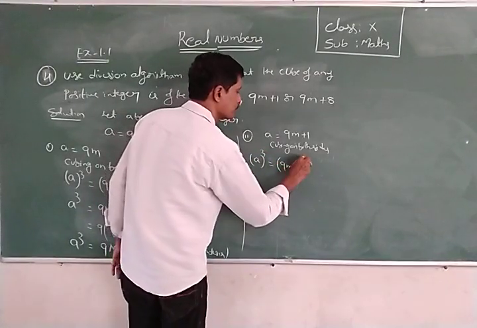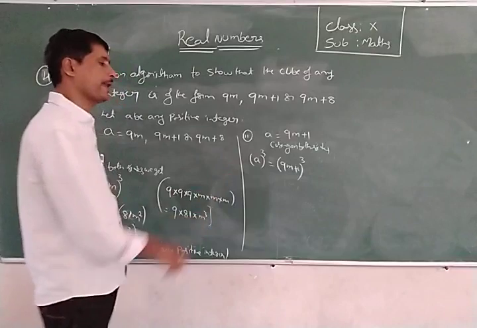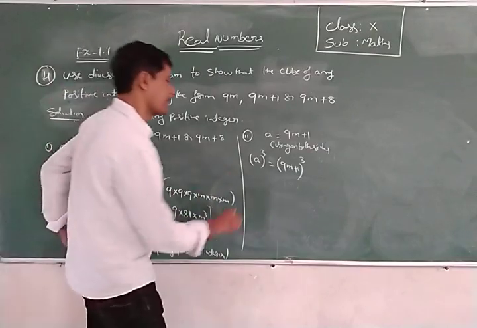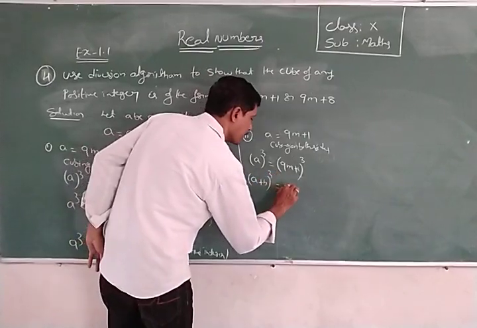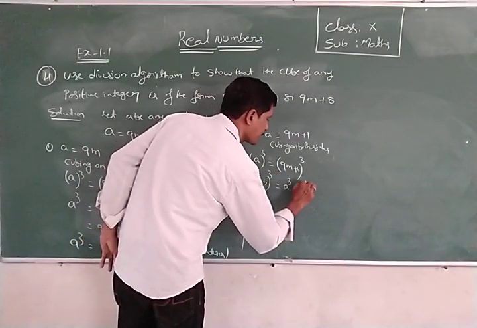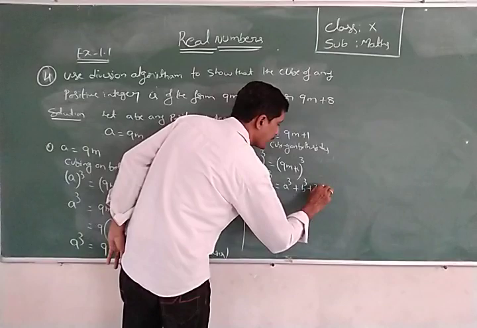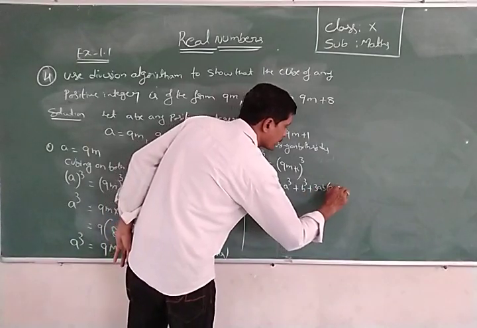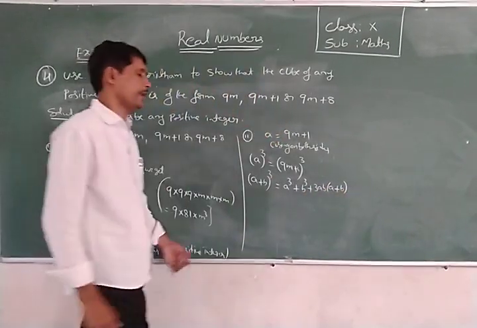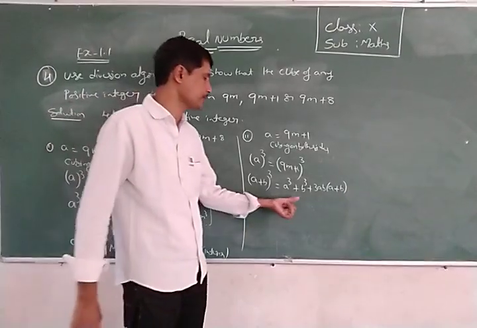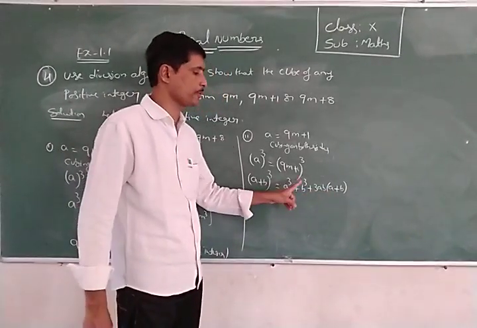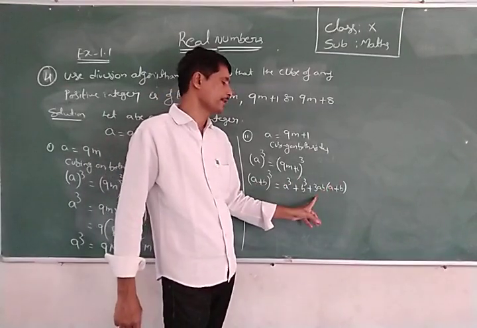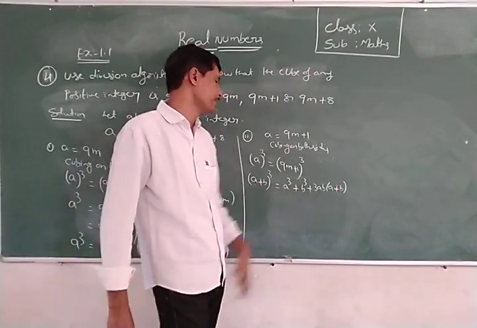Cubing on both sides, a cube equals (9m plus 1) cube. Applying the (a plus b) whole cube formula: (a plus b) cube equals a cube plus b cube plus 3ab into (a plus b), or a cube plus b cube plus 3a squared b plus 3ab squared.